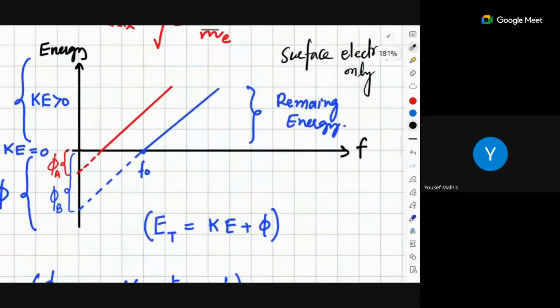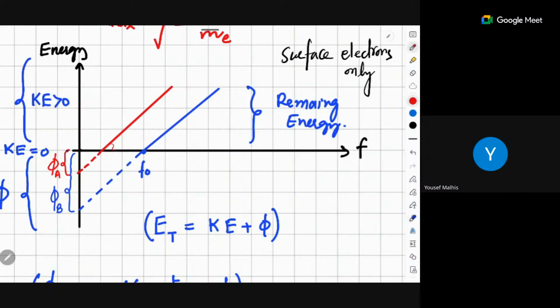Now the next discussion. This is a very important graph for you all, the graph of frequency and energy. From 0 to this red level, there is nothing happening.